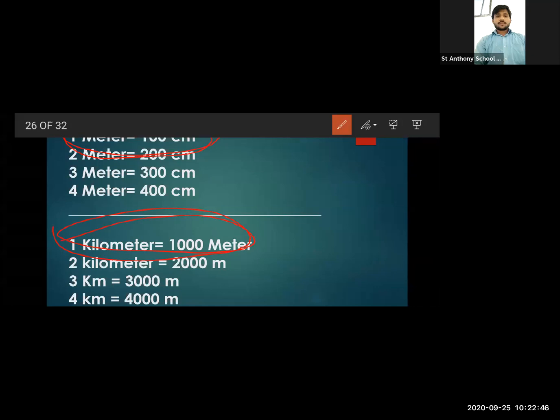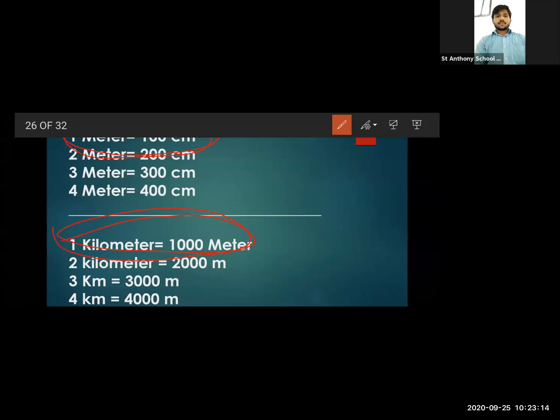See, don't get confused, children. 1 meter is equal to 100 centimeters, 2 meter is equal to 200 centimeters. That is the relation between meter and centimeter. But now we are going to learn about the relation between kilometer and meter. So 1 kilometer is equal to 1000 meter.